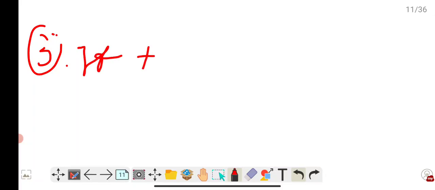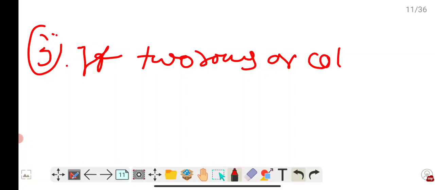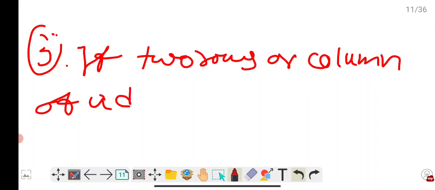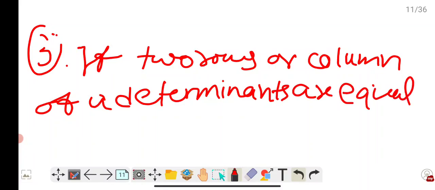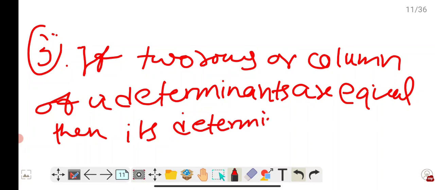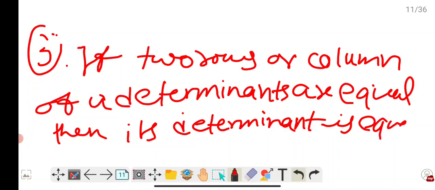If two rows or columns of a determinant are same or equal, then its determinant is equal to 0.